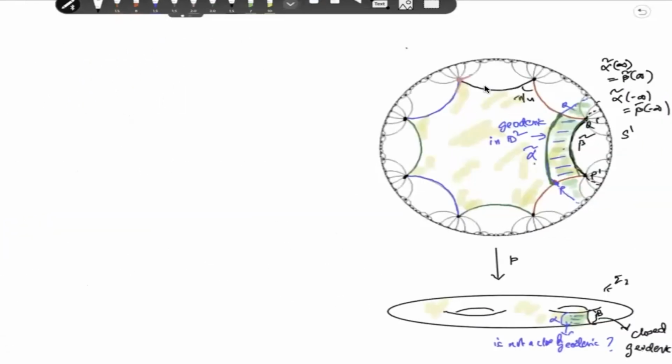Here the picture of closed geodesics can also be very complicated.